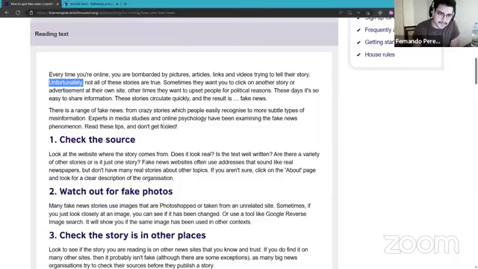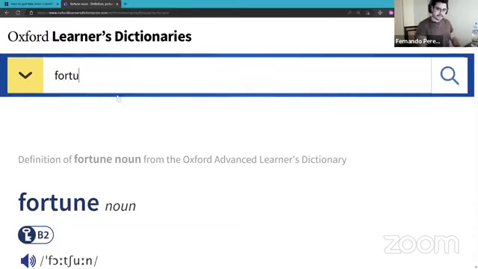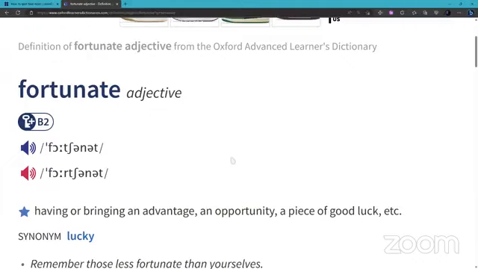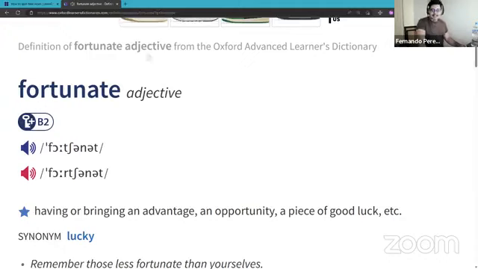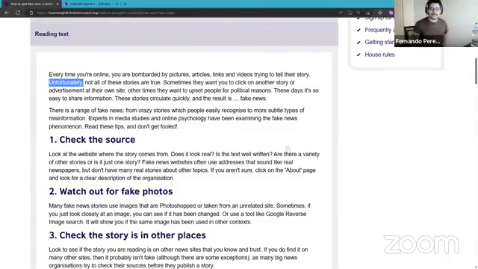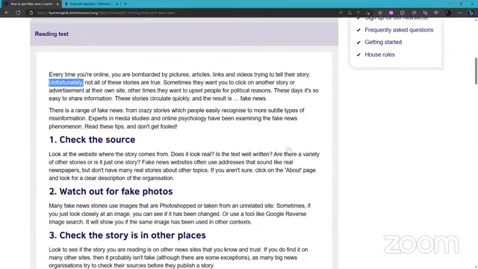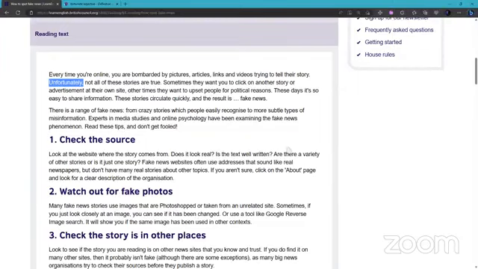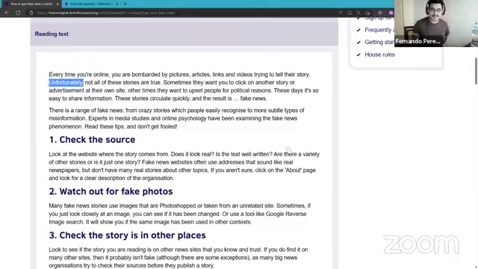Okay, so we have fortune. Now, how do you pronounce this, Benji? Fortunate. Exactly. Now, imagine this word with un at the beginning and ly at the end. Unfortunately. The previous was correct.